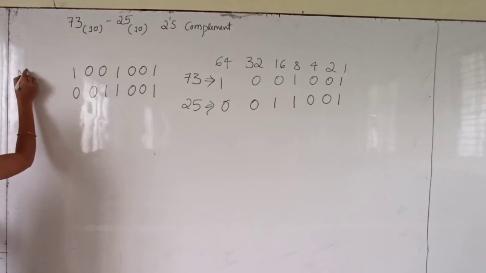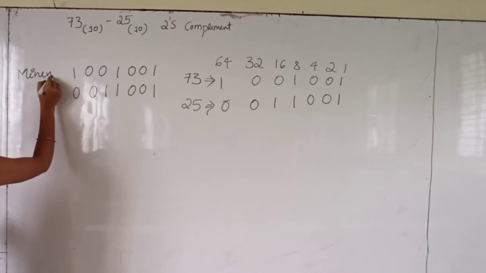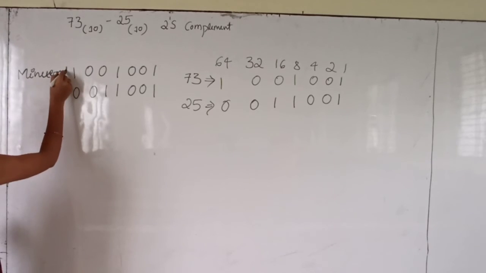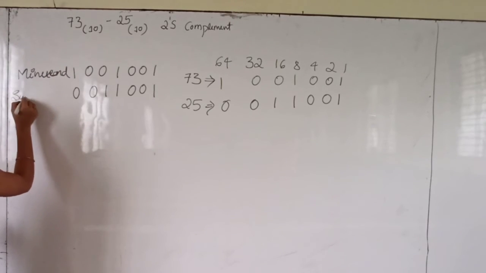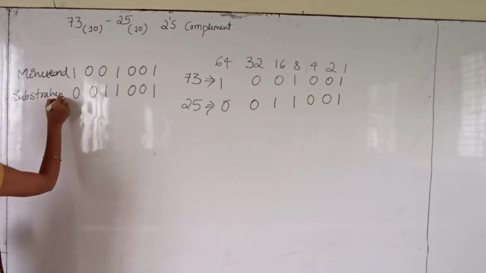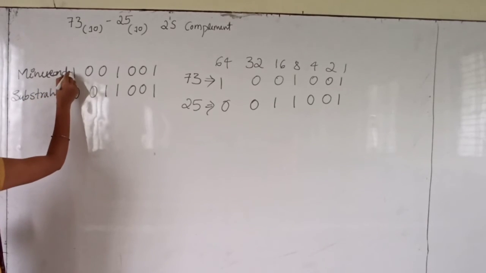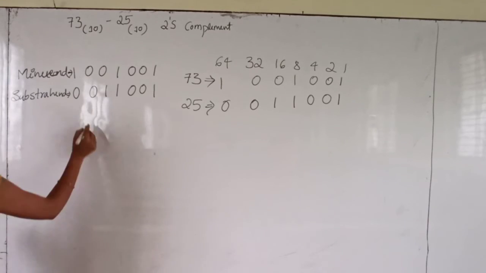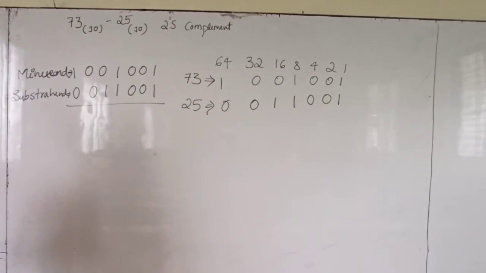This is the minuend, this is the subtrahend. This is our main subtraction.